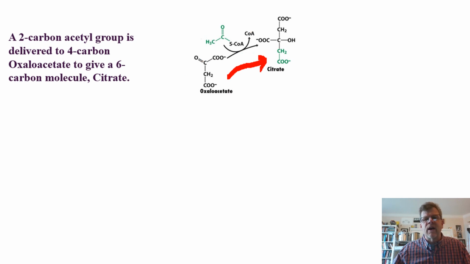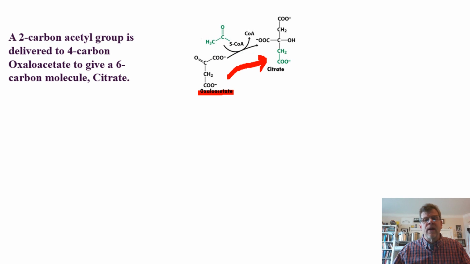So let's go from there, and what I'm going to do now is bring in the rest of these reactions into the citric acid cycle. We're going to see this is indeed a cycle, because the starting point, oxaloacetate, which we see over on the left-hand side here, will, after it goes through this cycle, become oxaloacetate again.